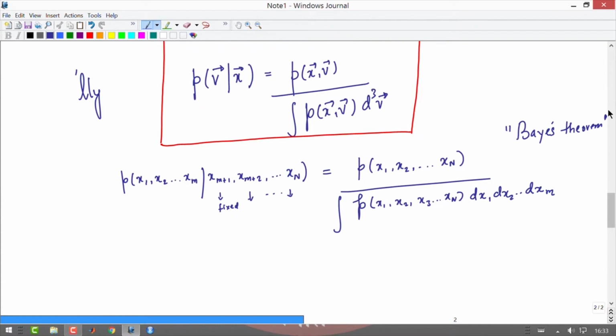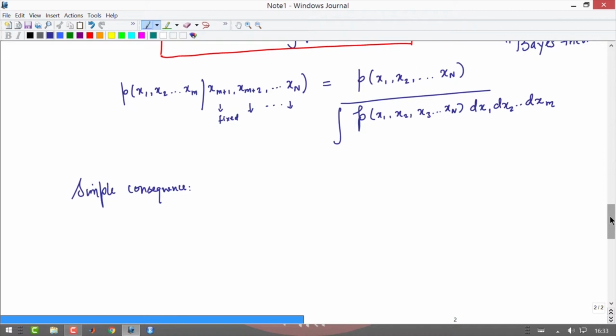And a simple consequence of Bayes theorem is that if your random variables are completely uncorrelated, let us take the simple case of two variables, if x1 and x2 are uncorrelated, then the unconditional probabilities are the same as the conditional probability.